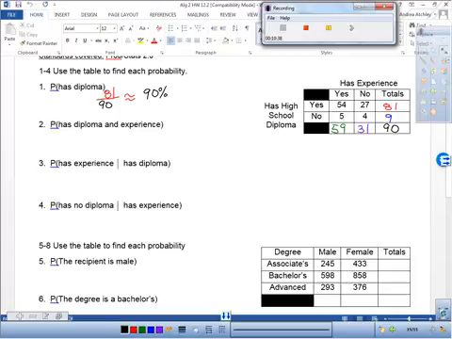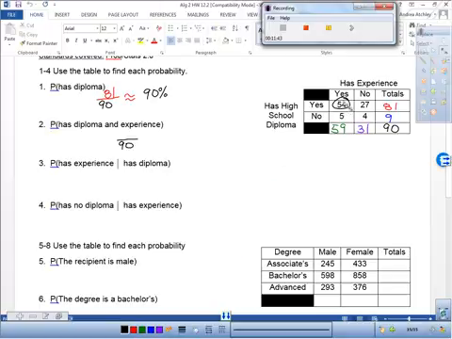Okay. The next one has a diploma and experience. So again, we're still talking about everybody. We want to know how many people I talked to had experience and a high school diploma. And that should be this right here, because it's in the yes column for both of those.